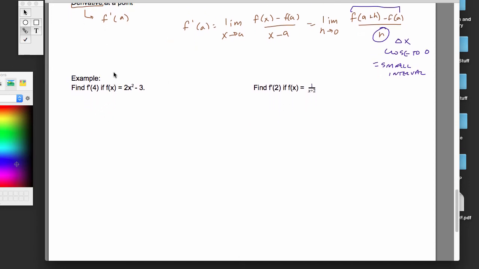Okay? And so essentially, watch what happens here. This f prime of 4, if f of x is equal to 2x minus 3, looks the same as those other examples. So f prime of 4 is equal to f of 4 plus h minus f of 4 over h. Well, what does it mean?